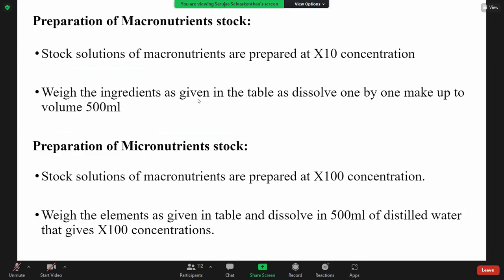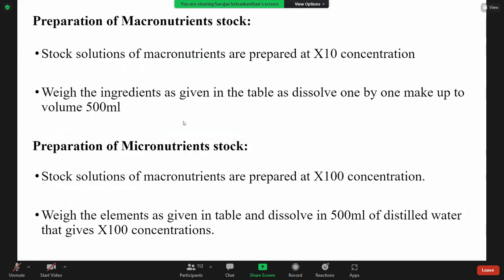If it is 1650 milligrams of ammonium nitrate, right? Then for the stock solution, we have to take it 10-fold, 16,500 milligrams, and dissolve it in 500 milliliters of water.